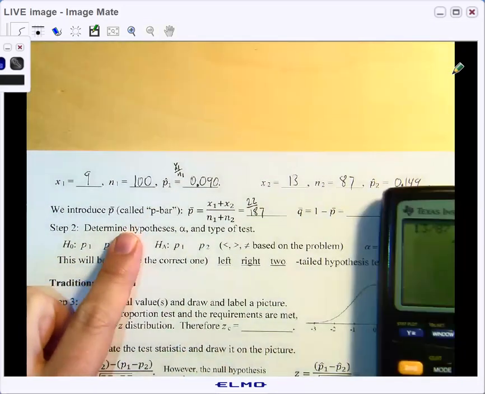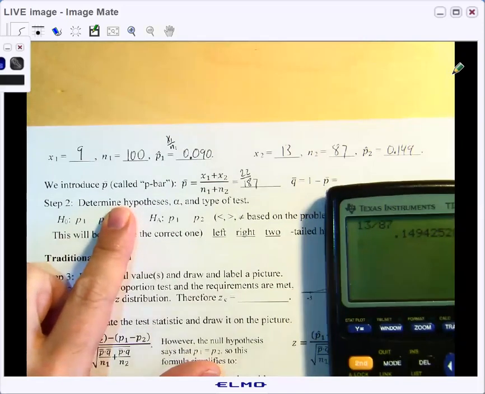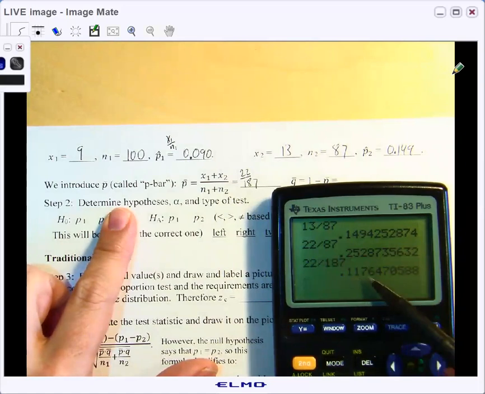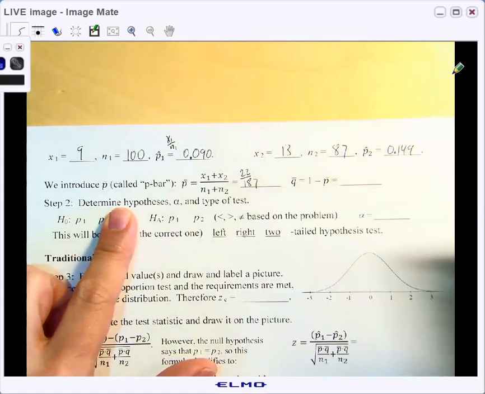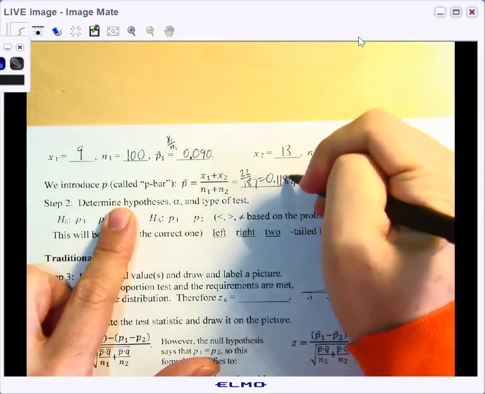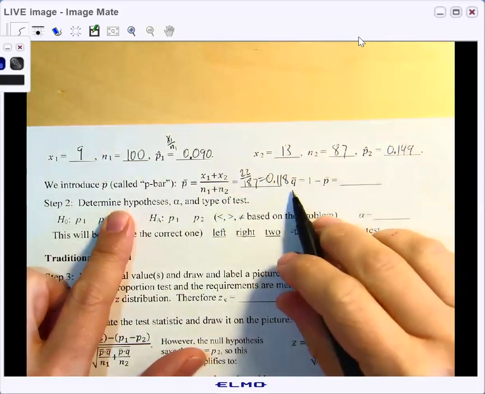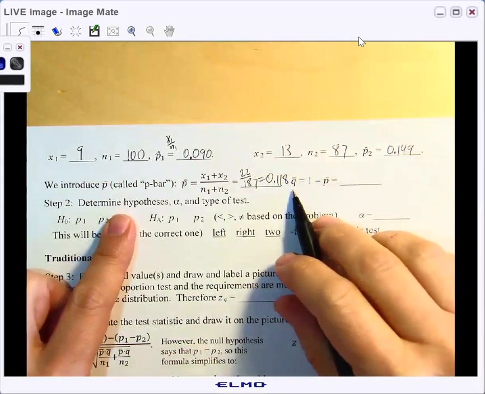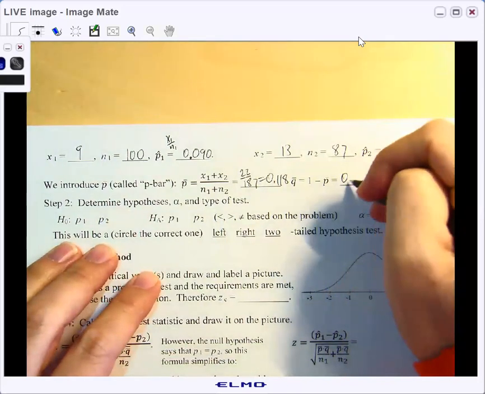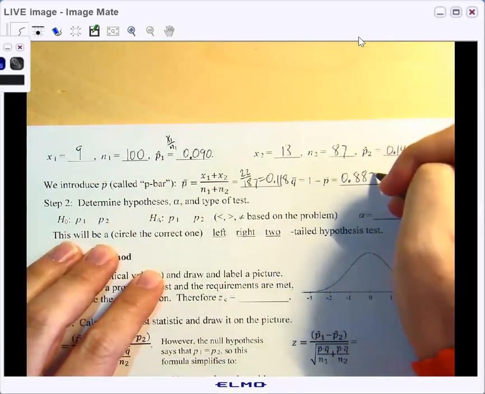Let's find out what that gives us. 22 out of 187 is, to 3 decimal places, 0.118. And Q bar, since this is a binomial, will be the probability of failure, which is 1 minus this, which is 0.882.